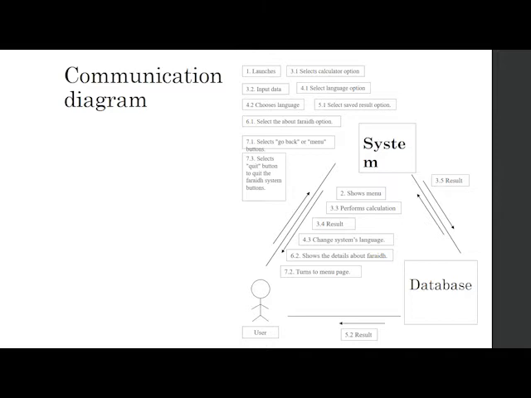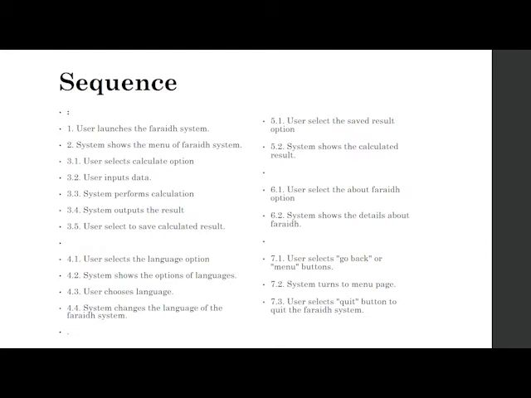If user selects the Save Result option, then the system will show the calculated result. If the user selects the About FARAID option, then system will show the details about FARAID.